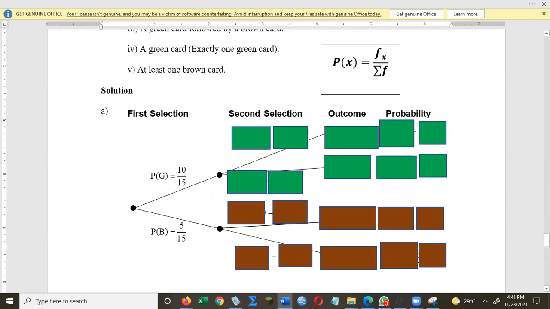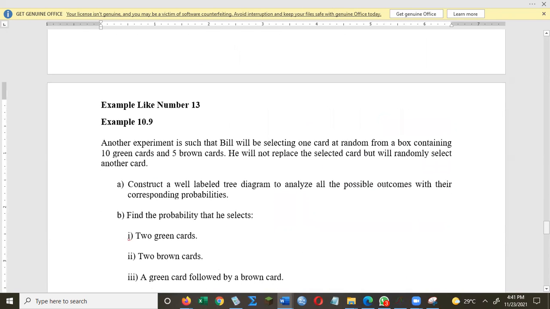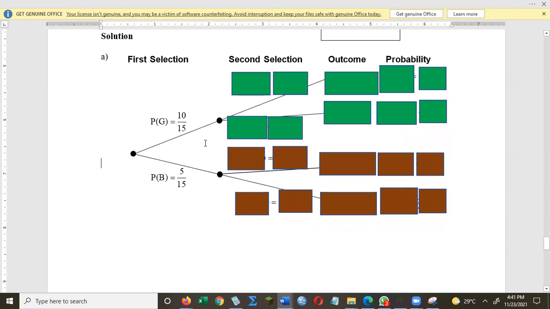So this first sentence, Bill will be selecting 1 card at random from a box containing 10 green cards and 5 brown cards, here it is in the form of a diagram. In his first selection, the probability of him getting a green is 10 over 15, and the probability of him getting a brown is 5 over 15.